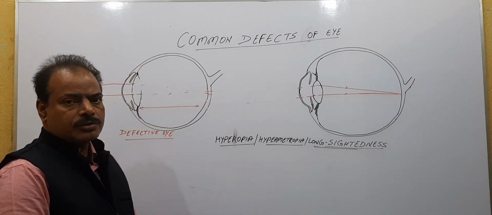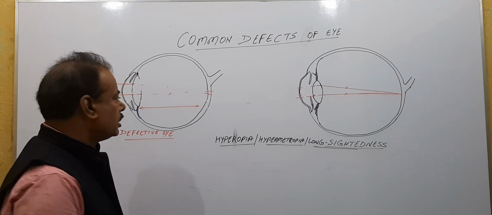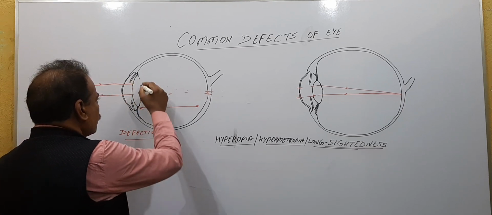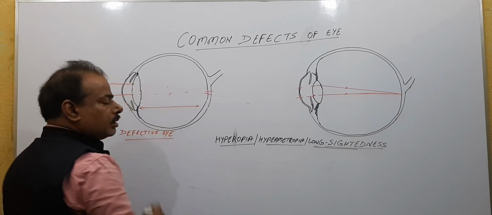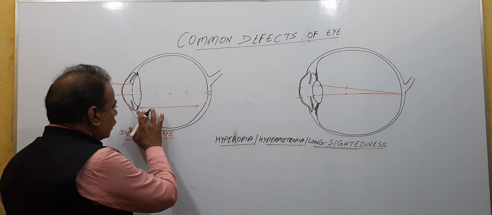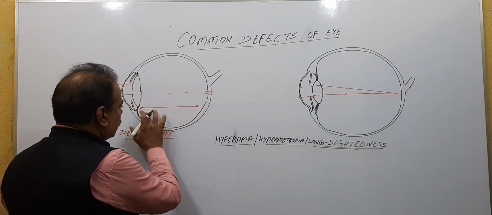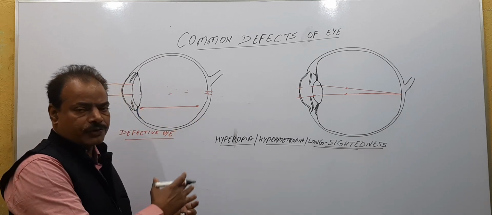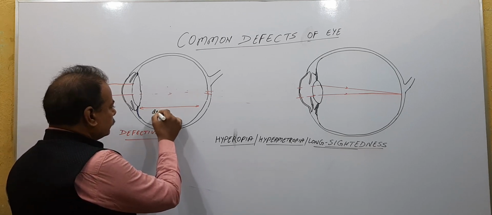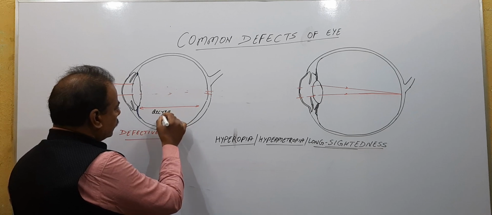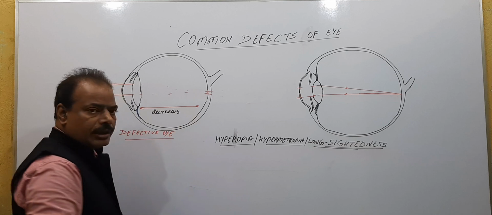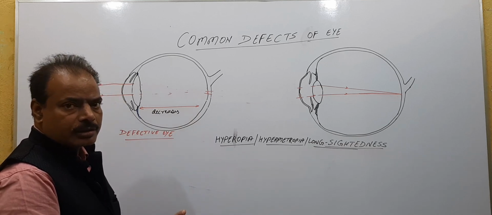Again, it is caused due to two possible reasons. These are: number one, the lens becomes less convex, and number two, the length of the eyeball from front to back decreases.